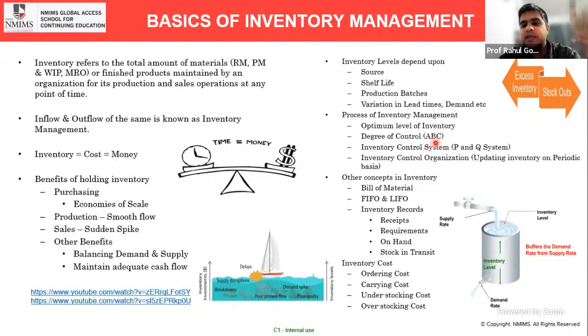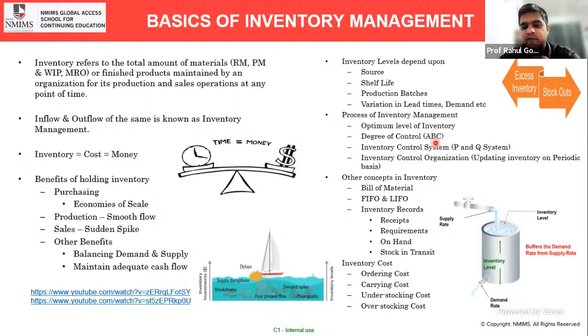Because you might be selling 50,000 SKUs as an organization, and you may not have the manpower, or you may not have enough systems, right, to focus on all 50,000 SKUs in a similar manner. So you have to do some framework analysis, right, in terms of ABC analysis, FSN analysis, VED analysis, or XYZ analysis, to find out those specific SKUs where you need to exert more control, right?